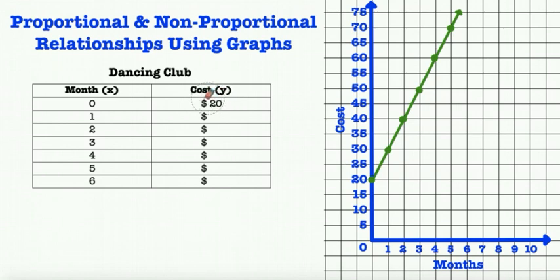So at 0 is 20, 1 is 30, 2 is 40, 3 is 50, 4 is 60, and 5 is 70. So let's fill out the patterns that we could see. So our x is increasing by 1.